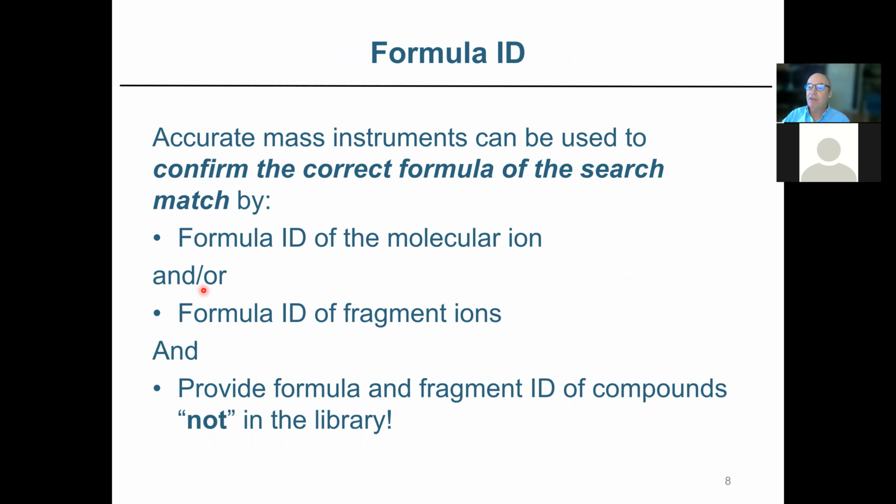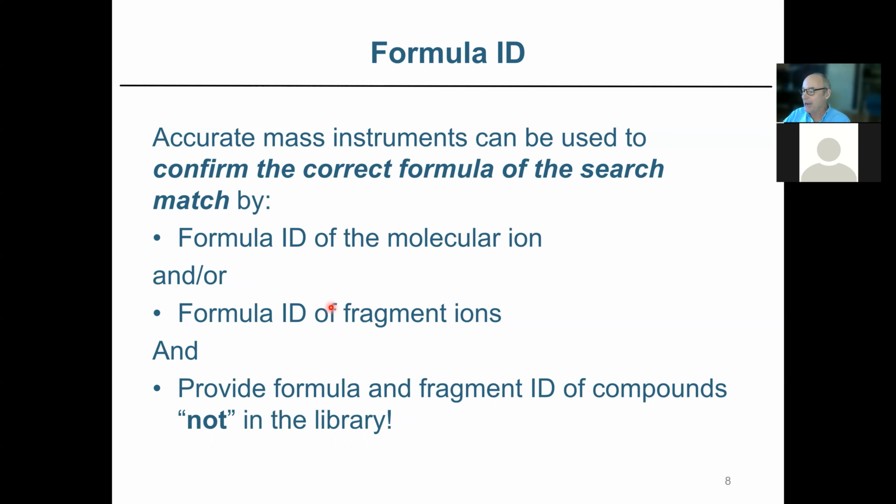Okay, let's talk about formula ID. If you have an accurate mass instrument, you can get formula information, and you can use that to confirm your NIST match. That's a very powerful tool, and you can also do it on fragment ions. And again, even if you don't have the compound in the library, if you get the fragment identification and the molecular ion, hopefully you can get some ideas as to what the structure is.